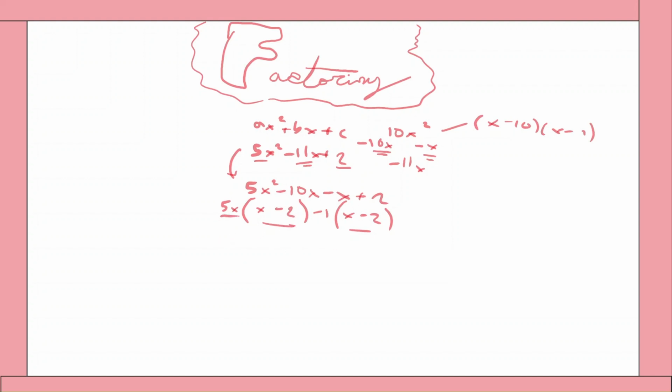We just have to take this and this and put them together. So we bring down the 5x minus 1, and we bring together the x minus 2. Since we just repeated it, we can just put that down here and multiply it. So this is the answer. This is our factored answer.